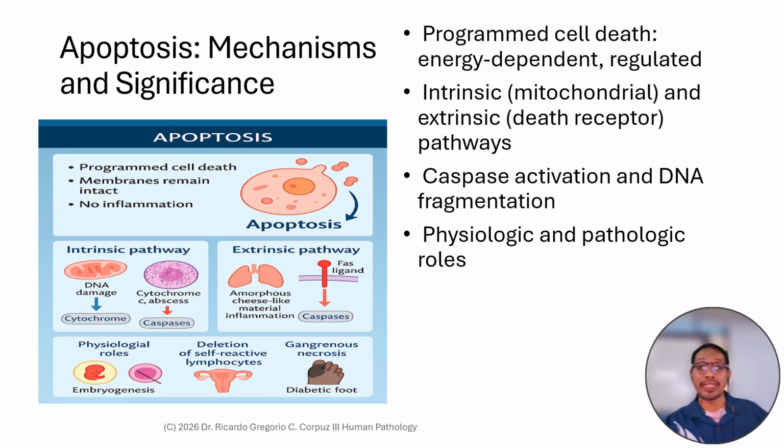So while apoptosis is often physiologic and protective, its balance is critical. Too little or too much can drive disease. Understanding this pathway helps explain why certain therapies, such as BCL2 inhibitors in oncology, target the apoptotic machinery directly.